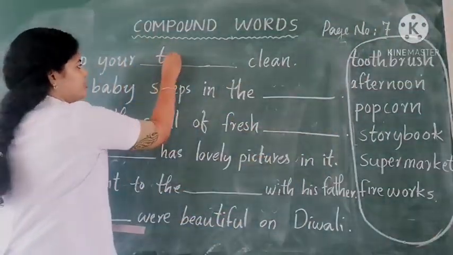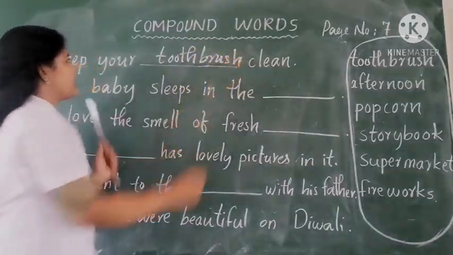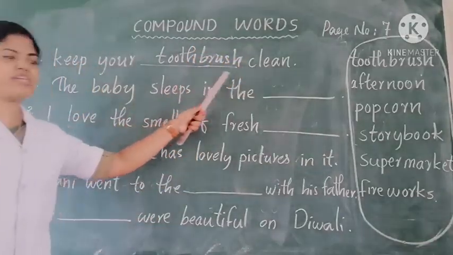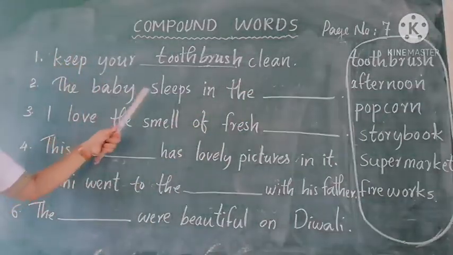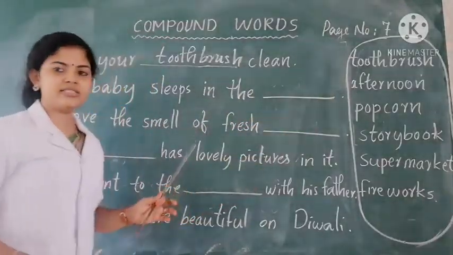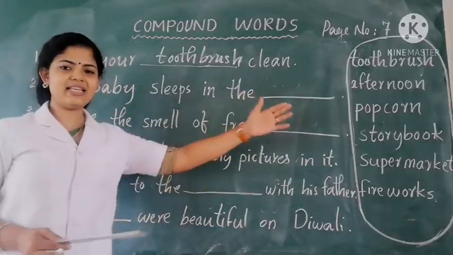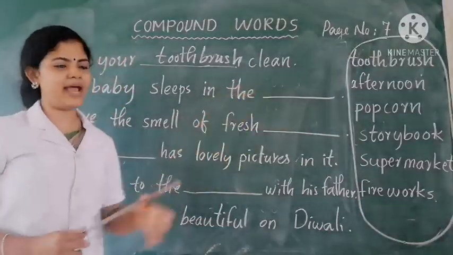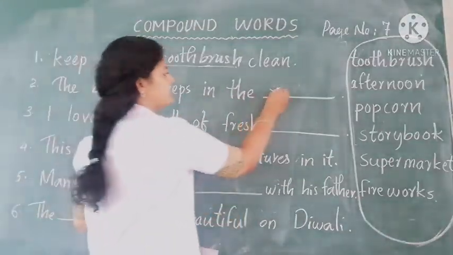That is toothbrush. Keep your toothbrush clean. See the next one. The baby sleeps in the afternoon. We have already formed the compound words before, so we just need to add the compound words in the blanks. So the baby sleeps in the afternoon.